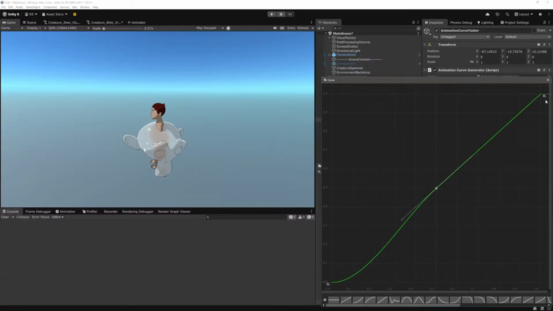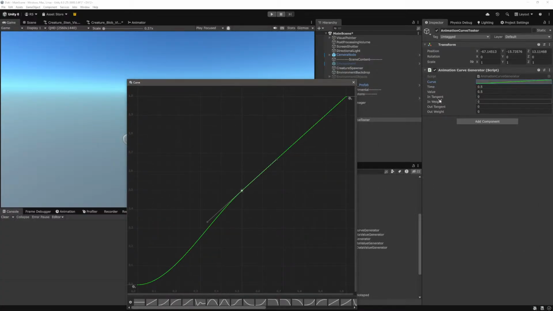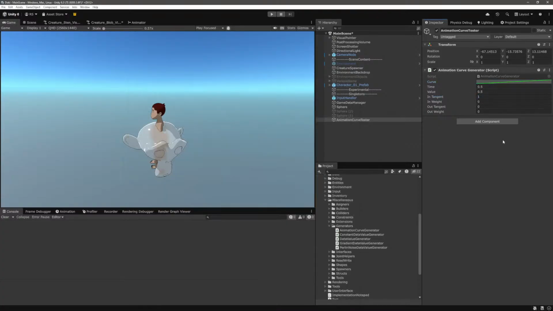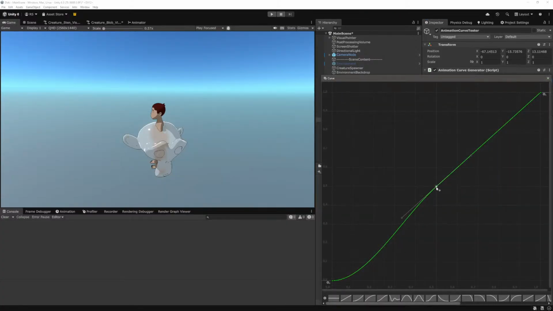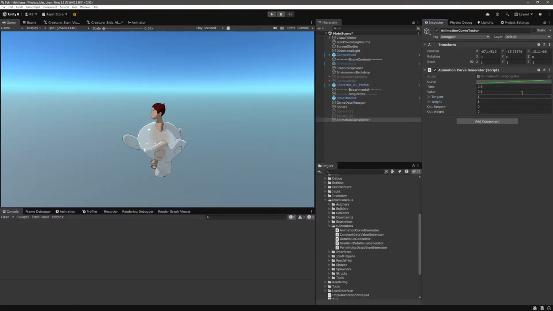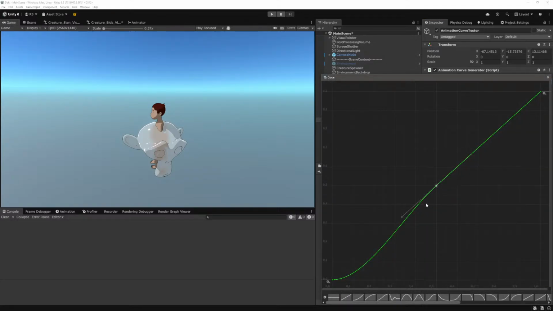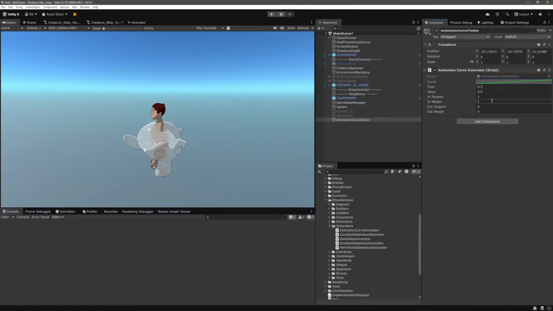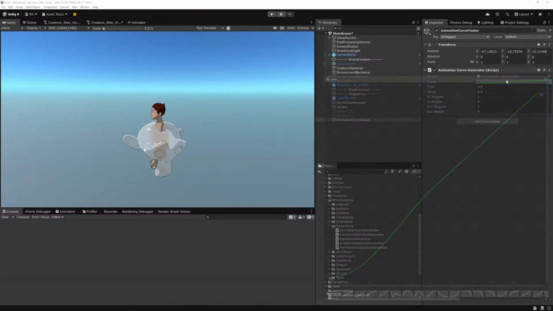So if we have intangent 0, okay, intangent 1, in weight 1, in weight 0.